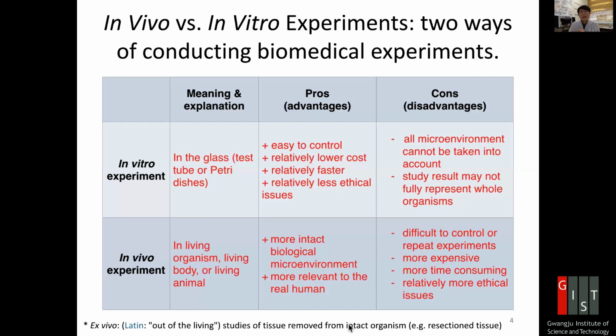For example, if people want to study brain electrical phenomena, instead of using in vivo, which is more difficult and complicated, you can just take the brain out of the animal, make a brain slice, and do your experiment with this brain slice, which is still kind of alive. However, it's taken out of the original animal body. So that kind of experiment we call an ex vivo experiment. And hopefully this helps you understand how to approach this type of biomedical science.